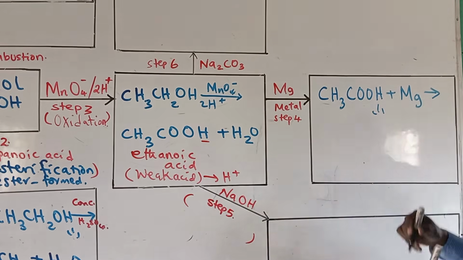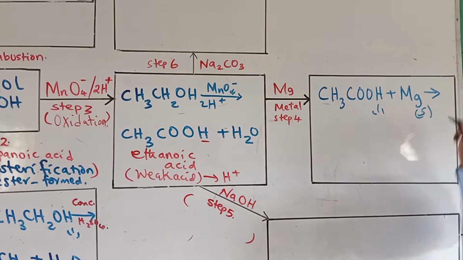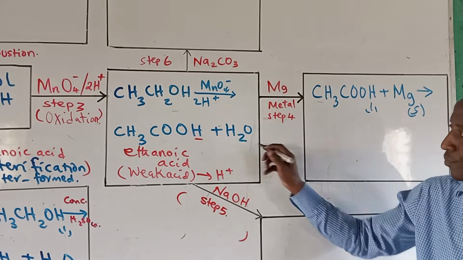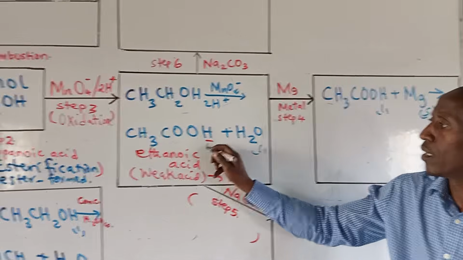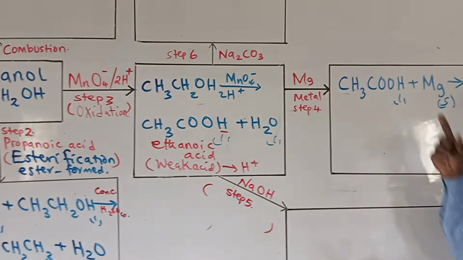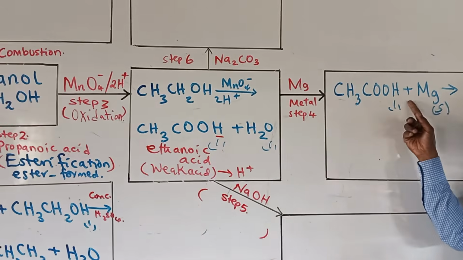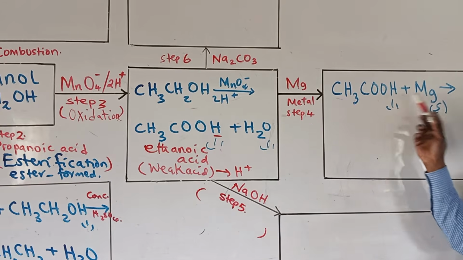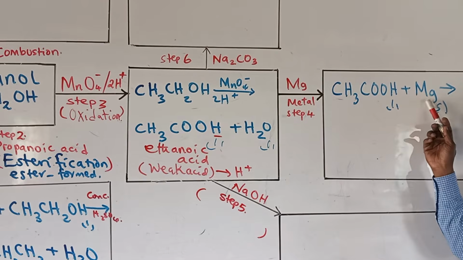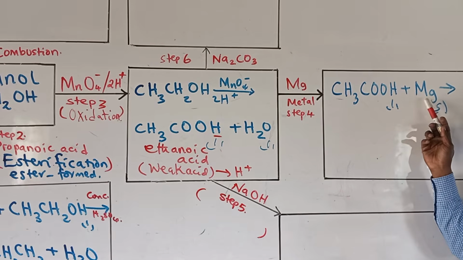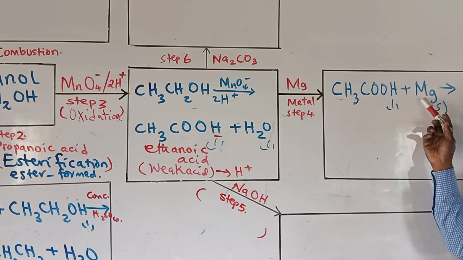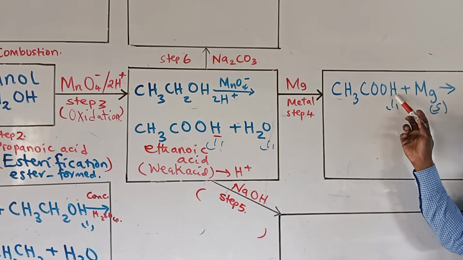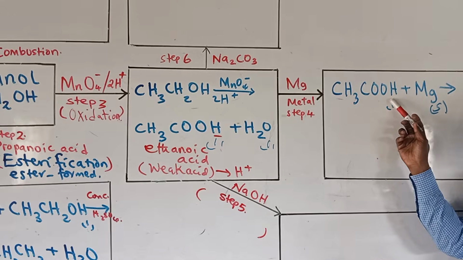In this case, magnesium in solid form. It is important that we realize that this reaction is going to be affected by the valency of the two. The valency of magnesium is 2, meaning it requires to give out 2 electrons to become stable, while the valency of hydrogen is 1 because it is going to lose hydrogen.